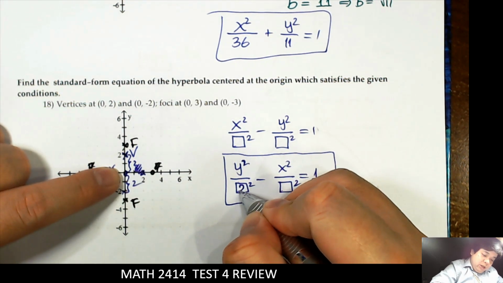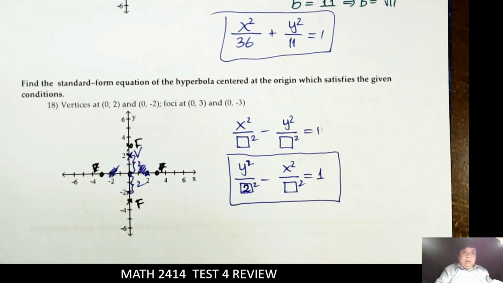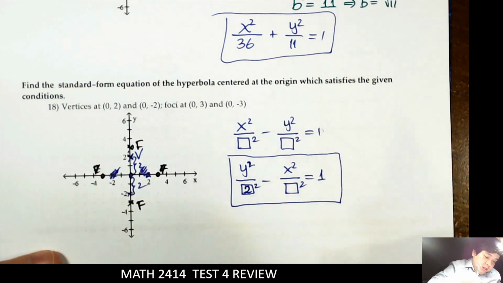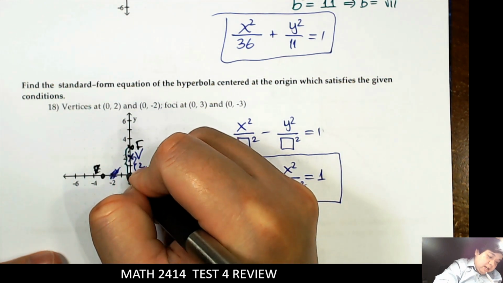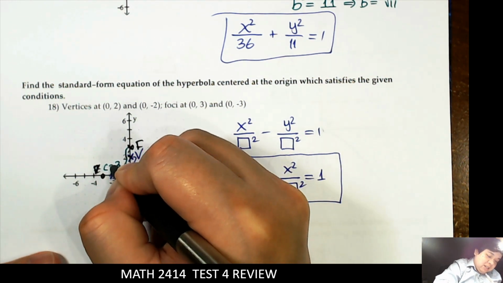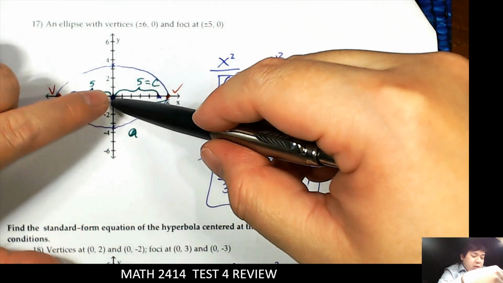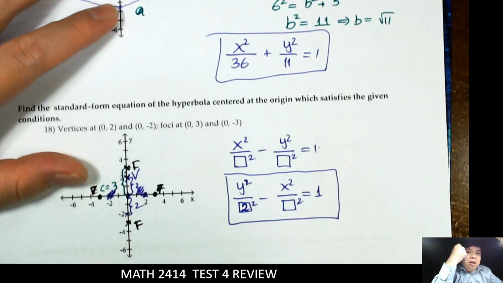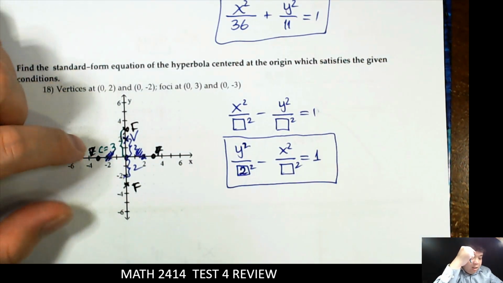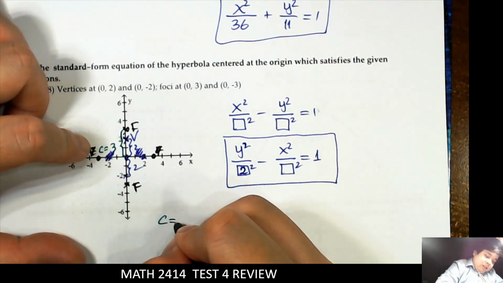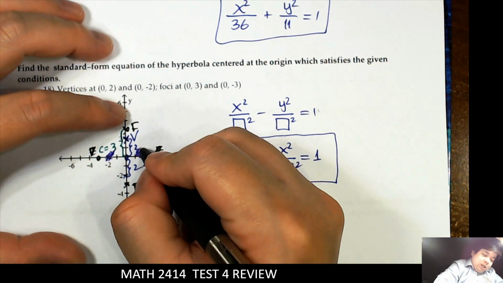So we're going to put the 2 here, squared, under the y. Next, from the center to the focus, that is going to be 3, and we let that distance be c. Notice c is always the distance from the center to the focus. c is equal to 3, and in this case 2 is equal to a.